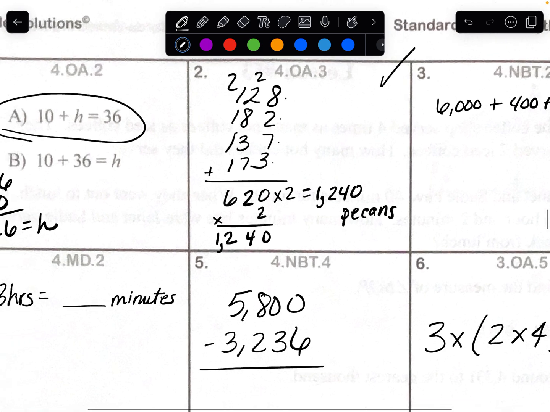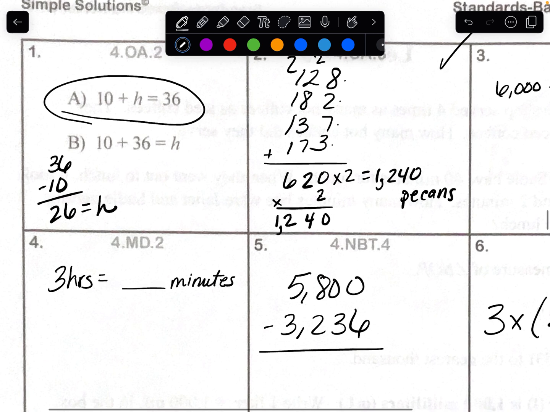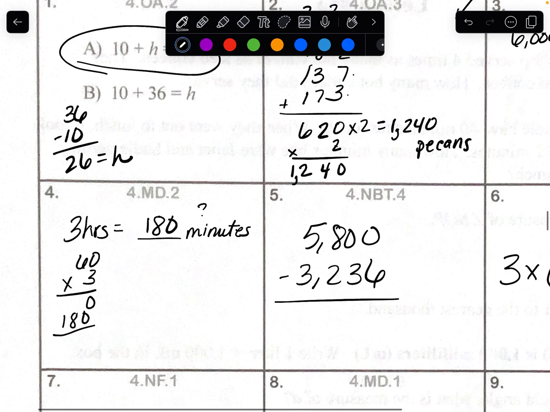All right, so first off, we need to know 3 hours and 34 minutes. So 3 hours is how many minutes is what we need to know. So you're going to multiply 3 times 60 for 180 minutes. Add in those 34 minutes for 214 minutes.